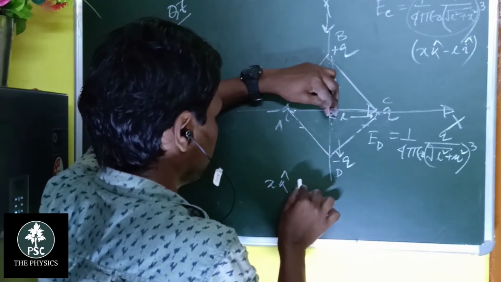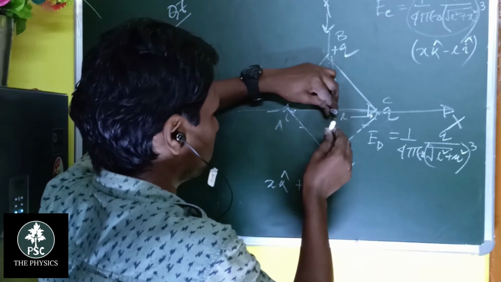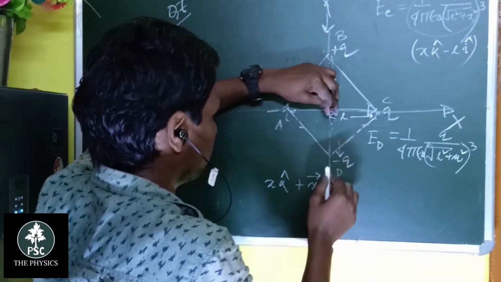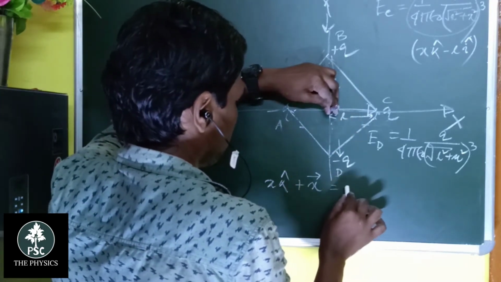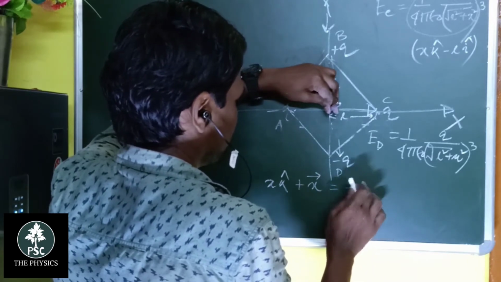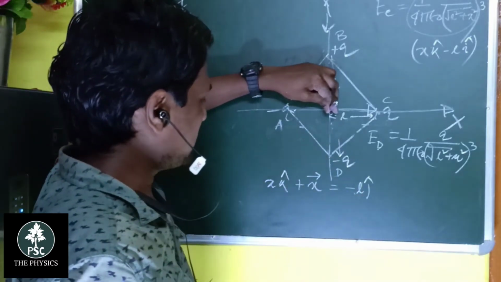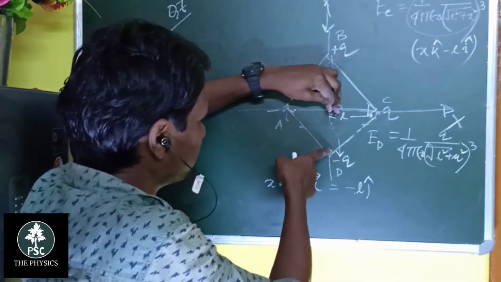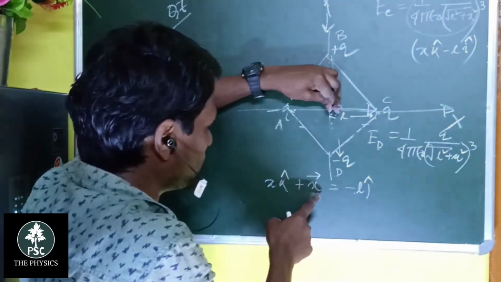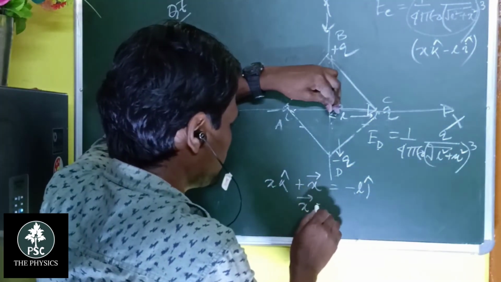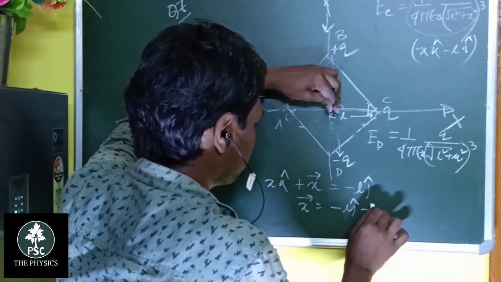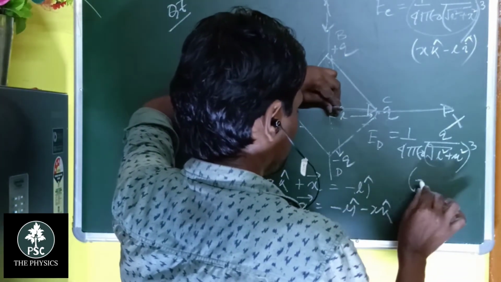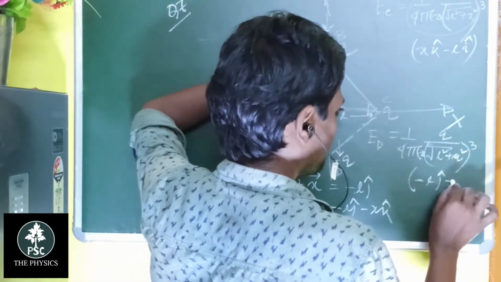Suppose it is an x vector, then this is minus L j cap. If I take this as the resultant, then this one plus x equals minus of this. So the x vector equals minus L j cap minus x k cap. So in place of here you have minus L j cap minus x k cap.